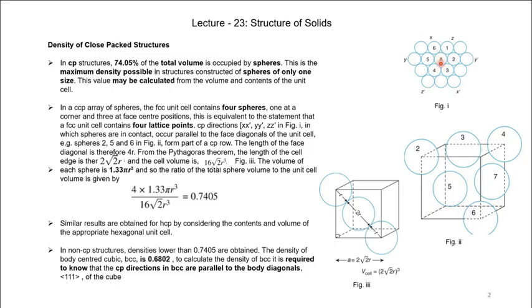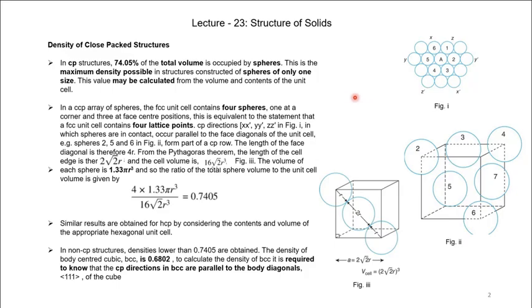The one thing we have to remember is that we are assuming spheres of only one size, keeping them in contact with each other, and then, perpendicular to this plane of paper, stacking one net after another, like this. What would be the possible maximum density of this sort of close-packed structure? That is what we can calculate.